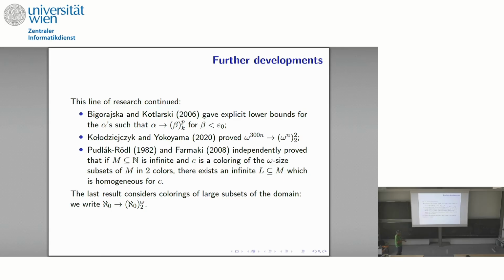So you could write this now in this notation, where on purpose I distinguish between the cardinal aleph naught and the ordinal omega, because there is size, being infinite, of size aleph naught in the set theory sense, and here omega means that I'm coloring omega-large sets. So that's what Pudlak, Rödl and Farmaki did.